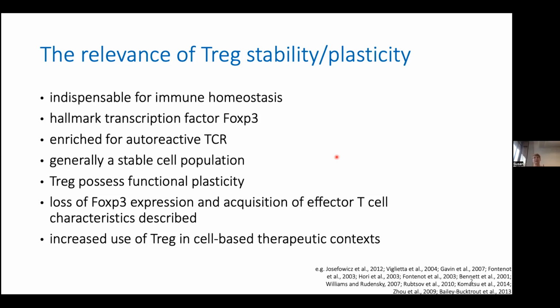This functional plasticity is very, very relevant. If it's missing, it results in disease. If Th1-like Treg are missing, you will have Th1 pathologies. Different Th-like Treg cannot compensate for each other, so they are very specific functions.